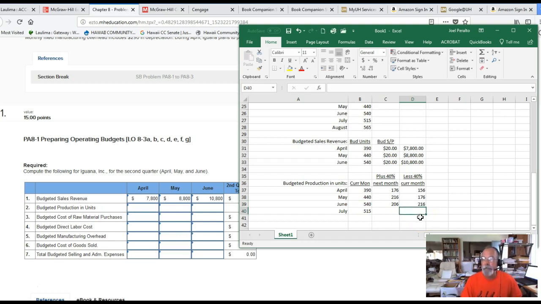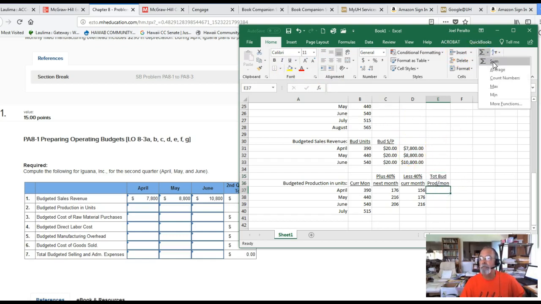This was our beginning inventory at the end of April, so we're backing that out here. This was our beginning inventory at the end of May, so we're backing that out here, and that same pattern would follow moving forward. So I think this should give us total budgeted production for the month. Hopefully that'll work out.